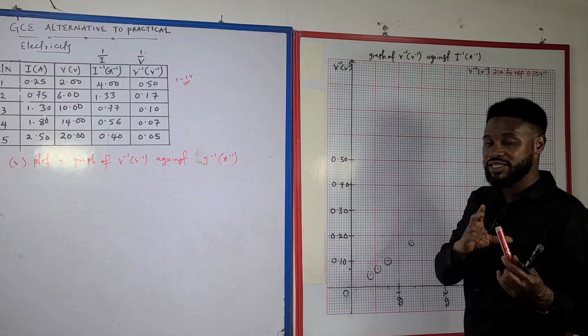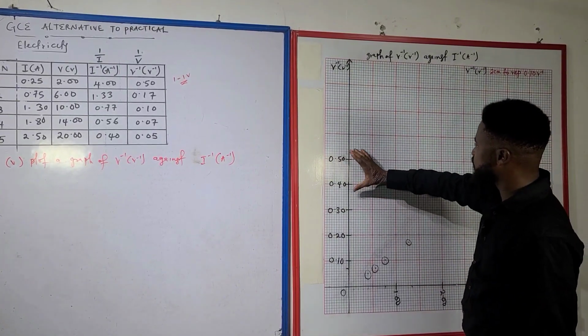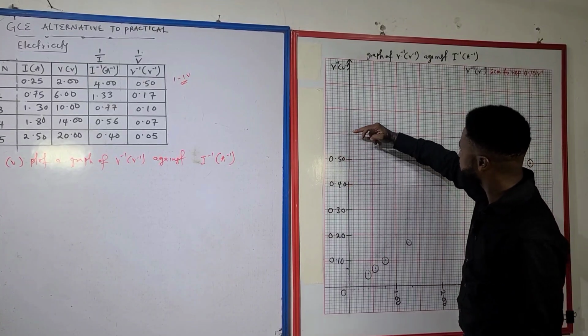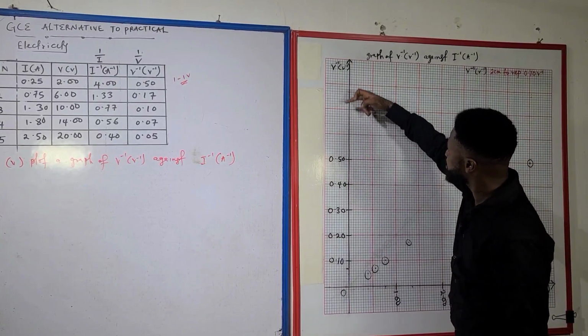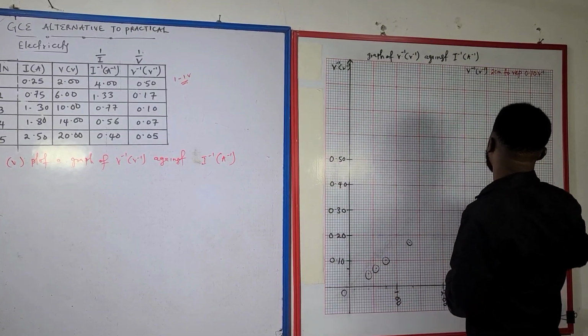But when you are dealing with it on paper, I would suggest you use 4 centimeters from here to here to represent 0.10 unit. That way you're going to have a very beautiful graph.